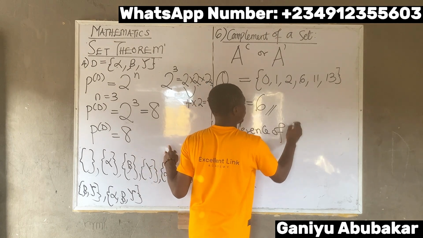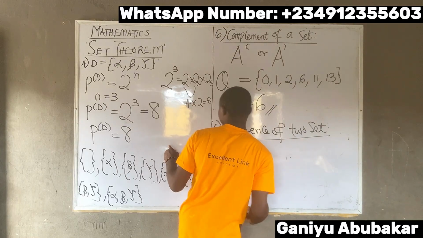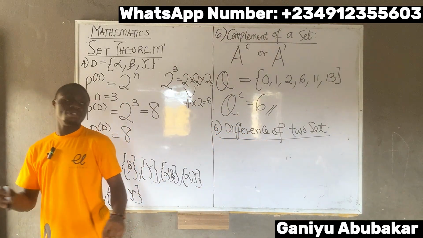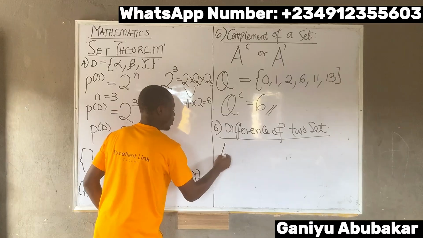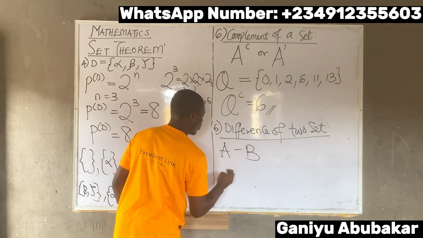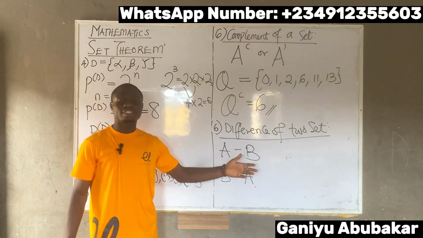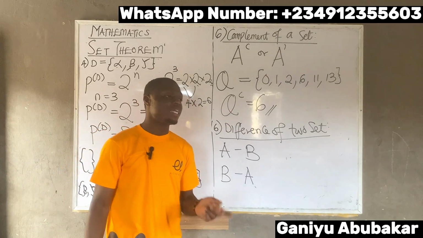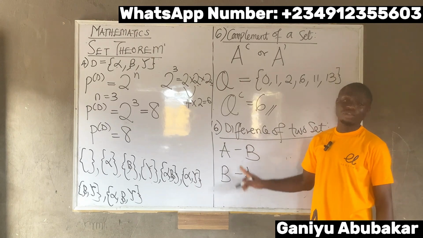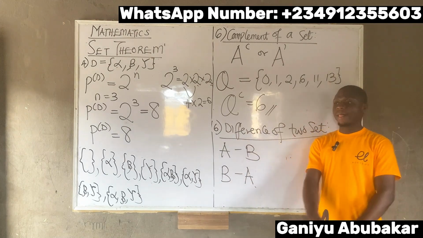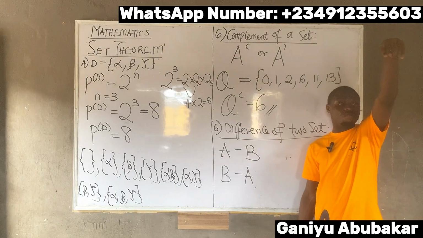Given a set A and B, their difference is written in two forms: A minus B or B minus A. Written in two forms. Please, is the video clear enough?